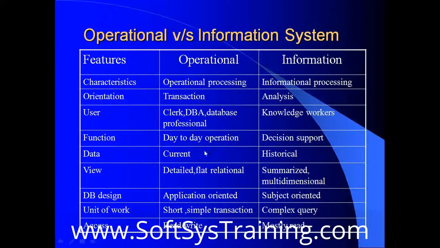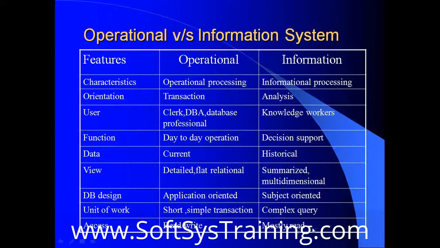This operational system will have current data and the data warehouse will have historical information. Here you have detailed, flat relational information. Here you have summarized, multi-dimensional information. Here it's application oriented and here it's subject oriented.